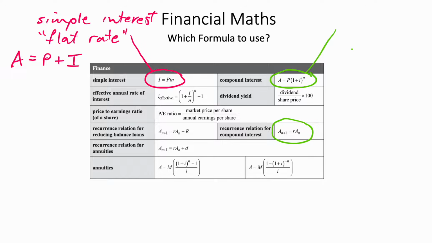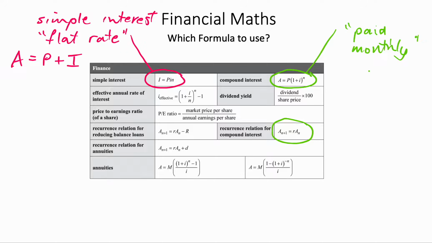It could be monthly, quarterly, daily, for example, and that's going to affect your r and your n that you put into your formula. Another clue that it's compound interest is they might say that the interest is paid monthly, for example.